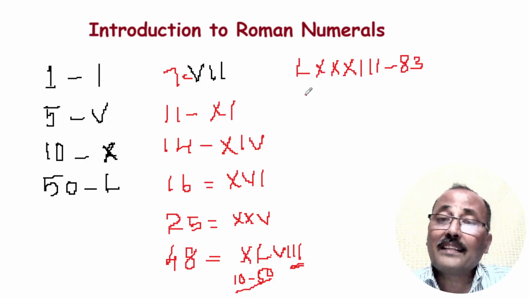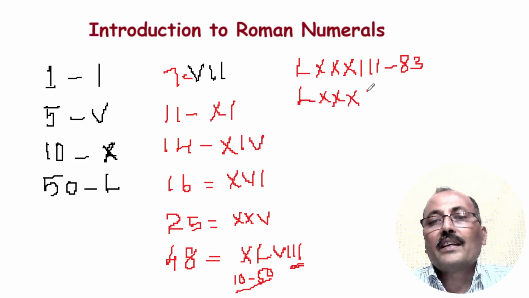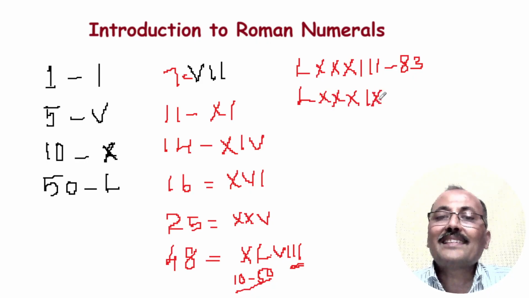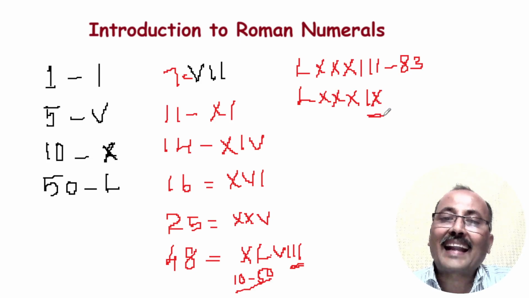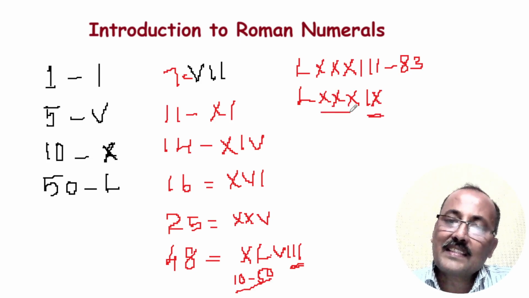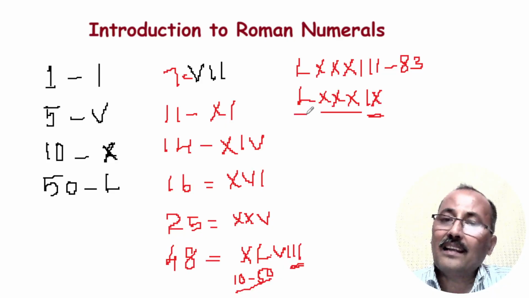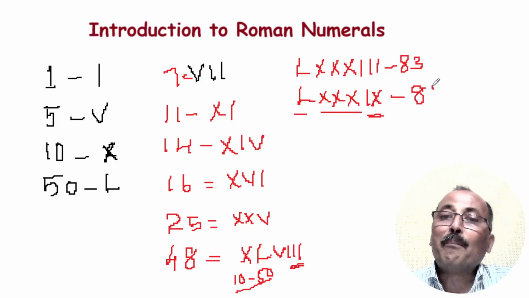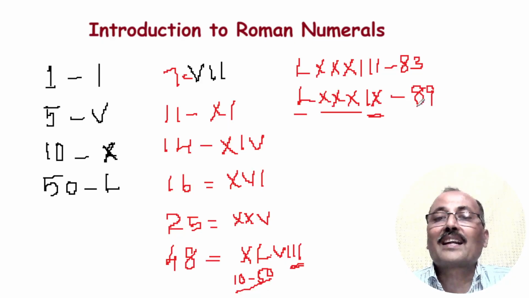Then you can create this one also: L, X, X, X, and 1X. What is this? 1X means 9. Is this 3 allowed? Yes. L allowed. 1X allowed. It is 89. Maximum up to this only you can write.